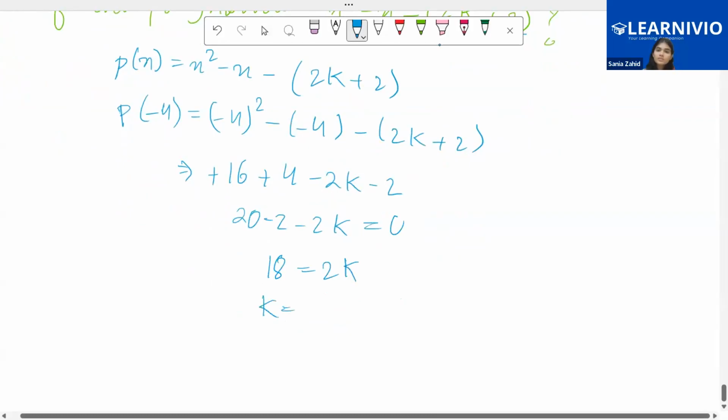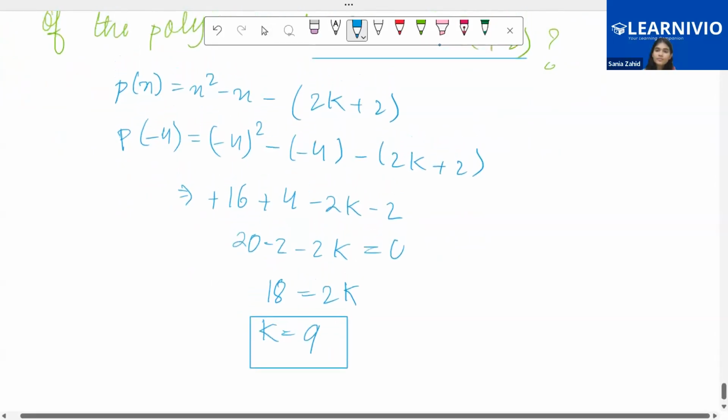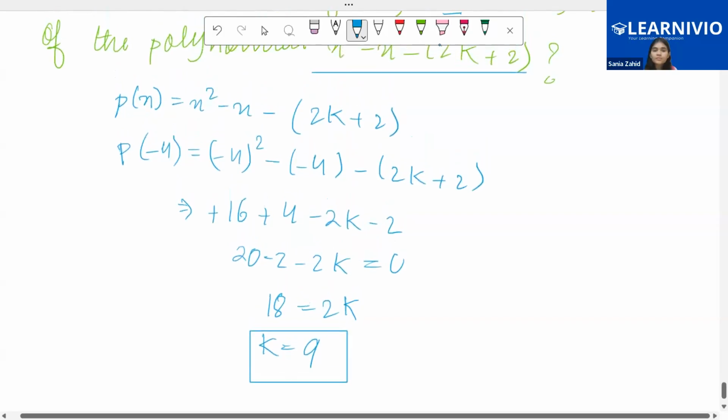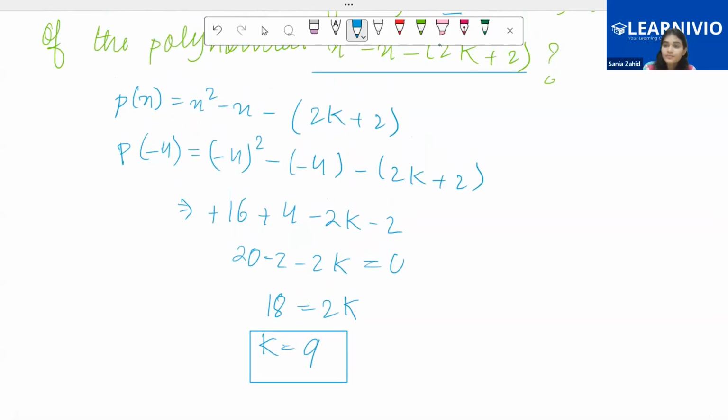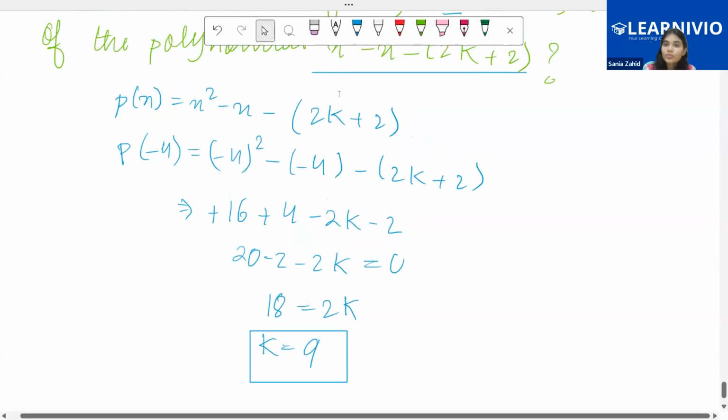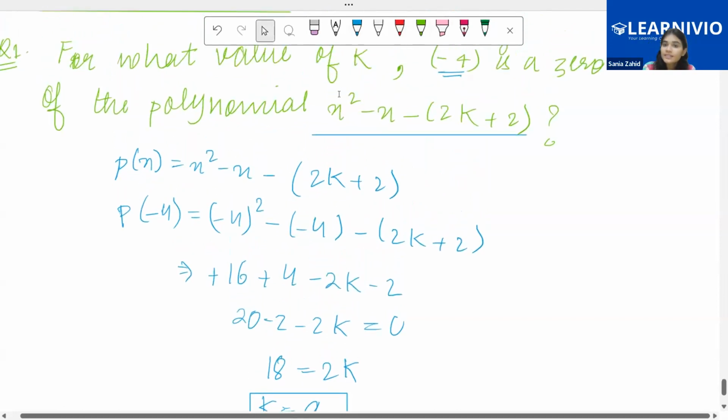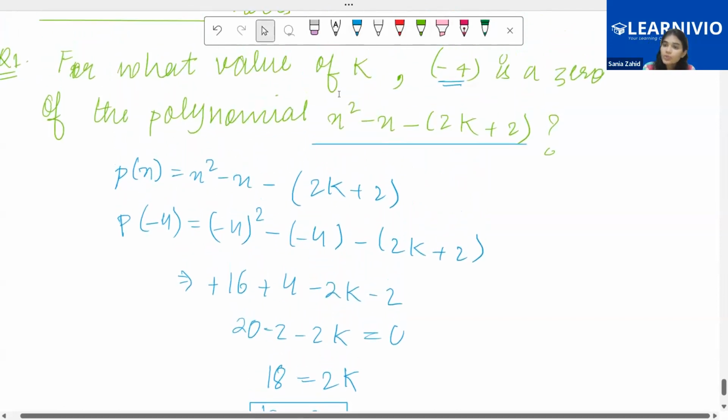K is not 9. K should be 9, right? K should be -4, ma'am. No, K should be 1. Okay, how do you do it to get K is 1? I substituted x as -4, right? Did you put the value for x as -4?